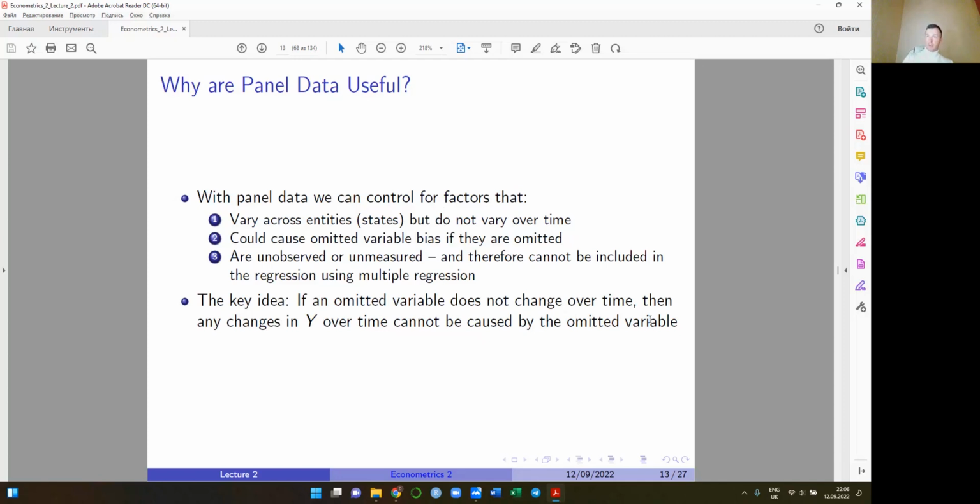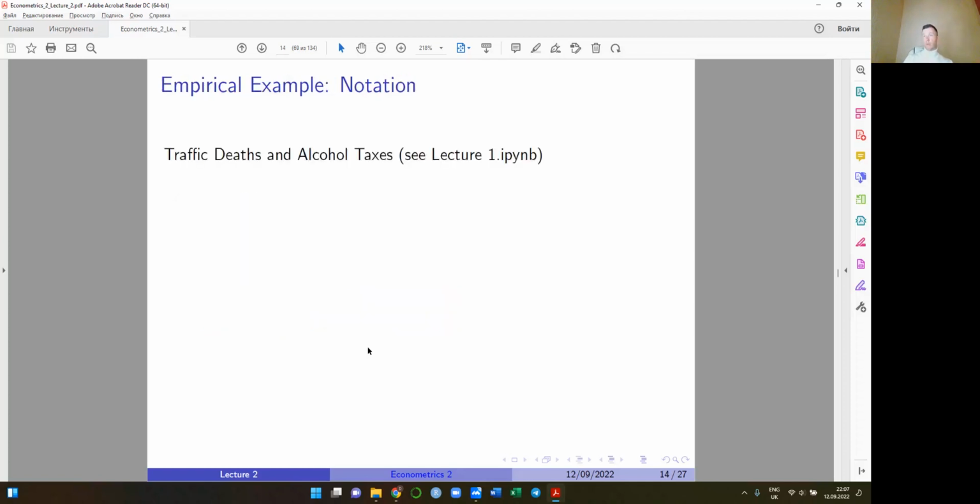If this omitted variable does not change over time, then any change in the dependent variable y cannot be caused by this variable, because this variable doesn't change. Based on this idea, we will establish the method of how panel data can help us to overcome the problem of omitted variables.